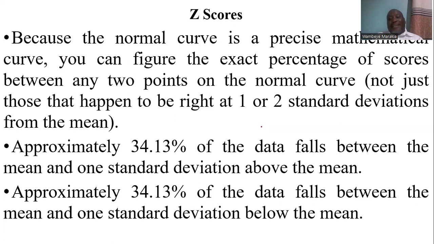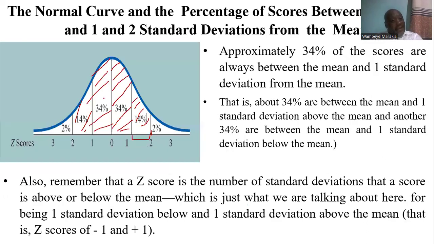And we are saying approximately 34.13% of the data will always fall between the mean and one standard deviation above the mean, and the other 34.13% of the data will fall between the mean and one standard deviation below the mean. That's what I have been saying here.